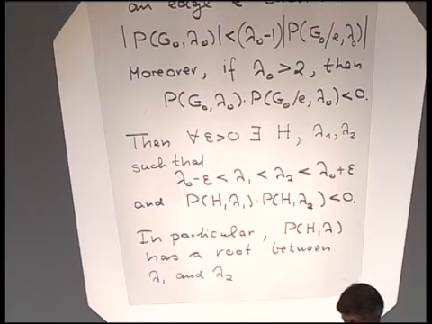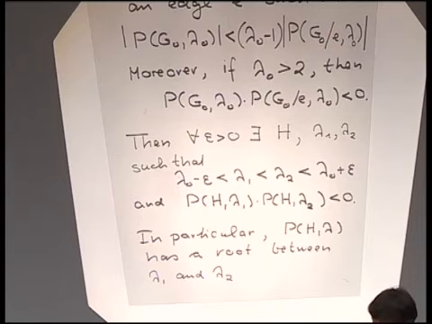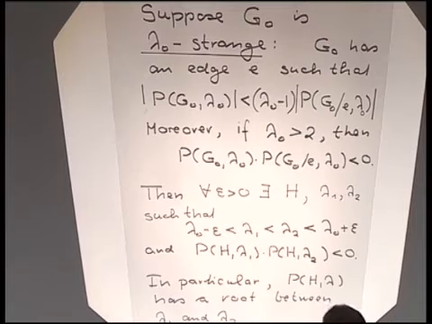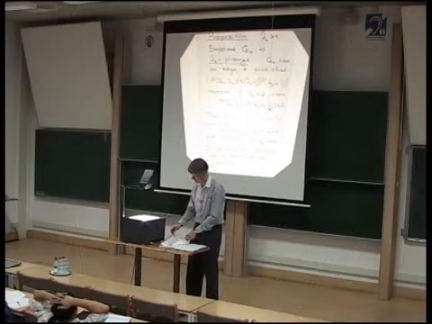And if they have different signs, then somewhere in between they will be 0. Somewhere in between we'll have a root by continuity. And H is built from G naught. How? Yes, that's the next slide.